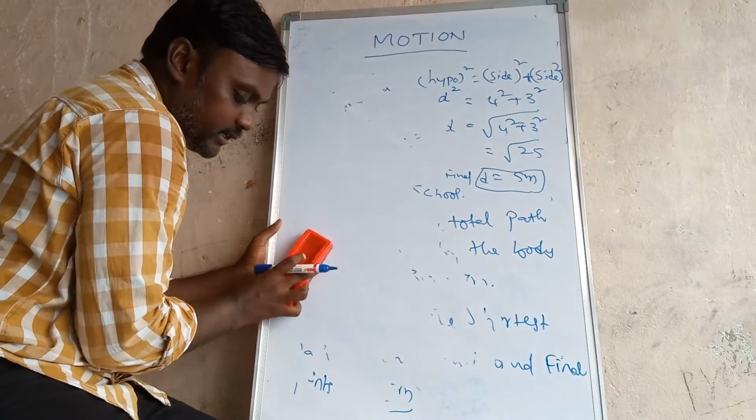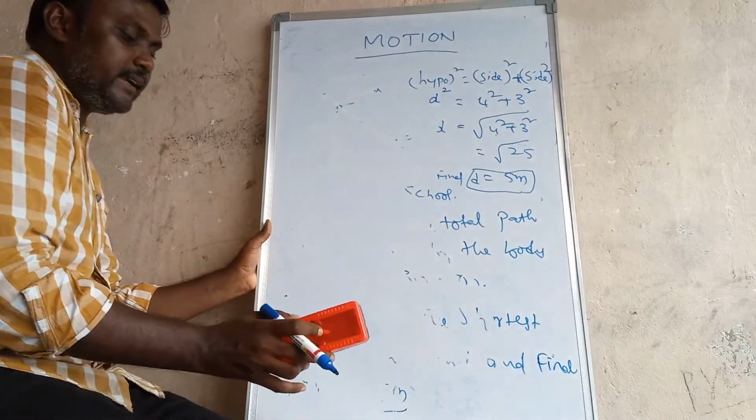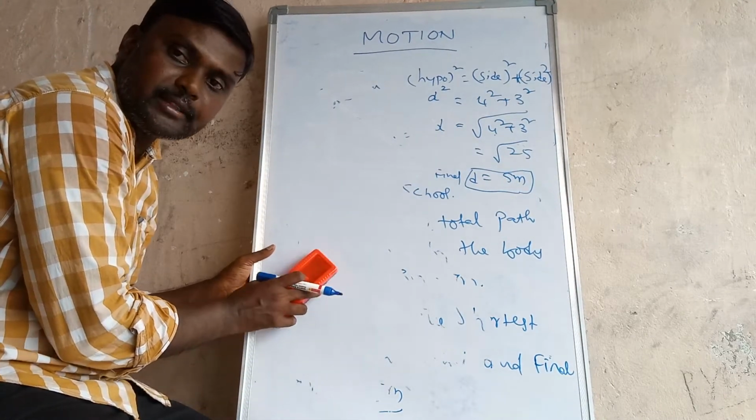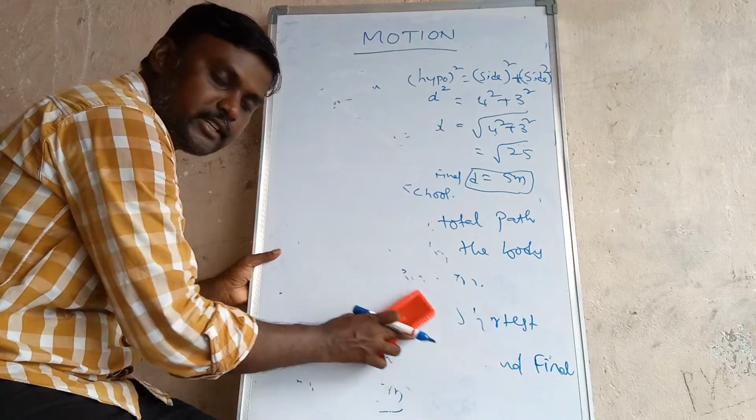the definitions. The similarity is that distance and displacement are both measured by the same unit, that is the meter. The SI unit for distance and displacement is the meter.